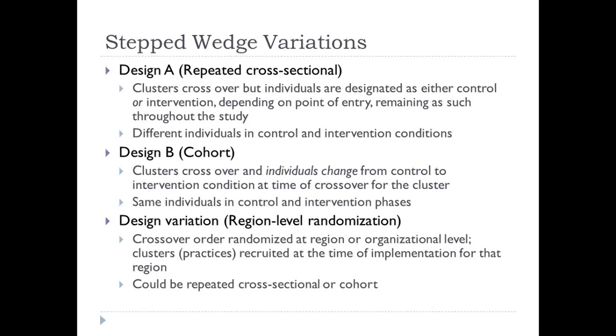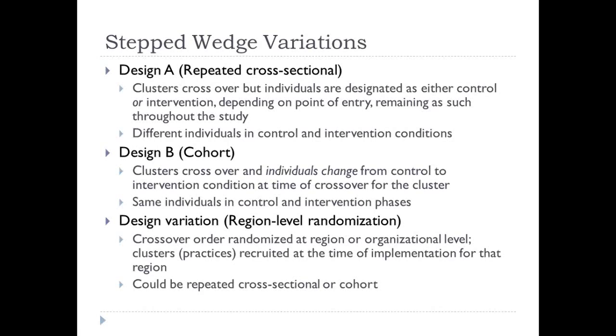Now, design B, this cohort design, is a little bit different. In the cohort design, clusters cross over and individuals change from the control to the intervention condition at the time that the cluster crosses over.